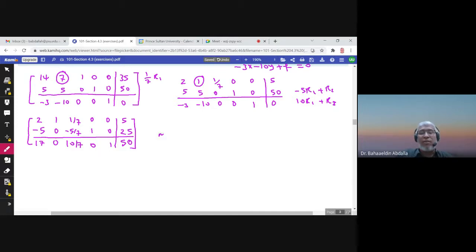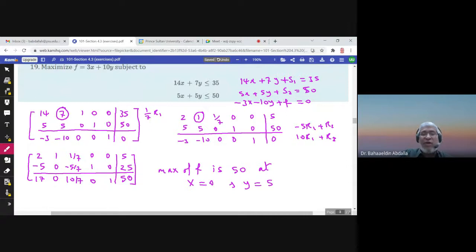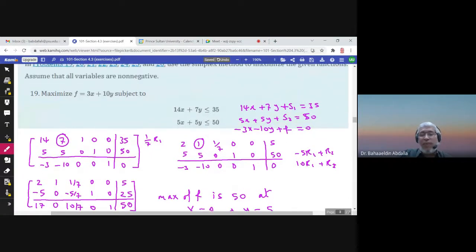So the maximum of F is 50 at, now X is non-basic, so it is 0, and Y is basic and its value is 5. So this is the answer of this problem. I can just say like this, no need to give the values of S1 and S2.